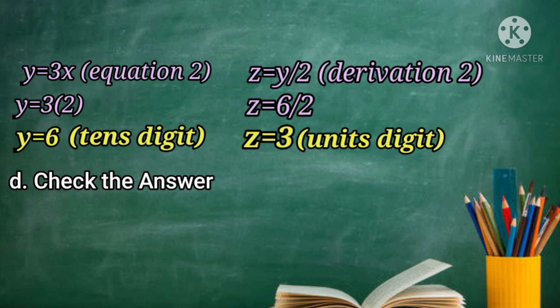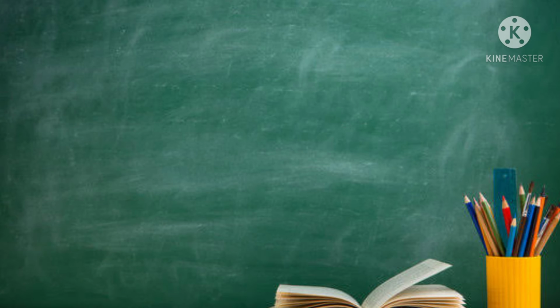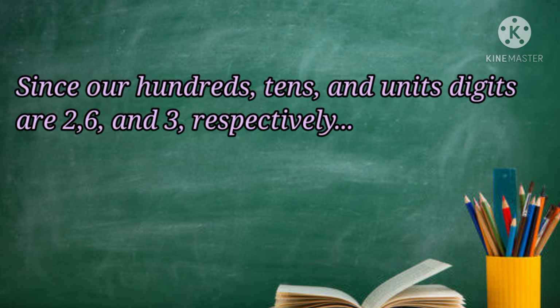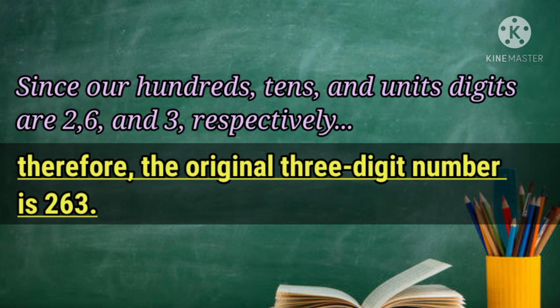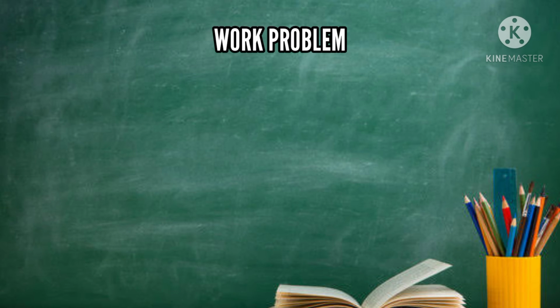We check our answer by substitution method and we find out that both sides will lead to the same answer, which is 11. So since our hundreds, tens, and units digit are 2, 6, and 3 respectively, therefore the original number is 263.